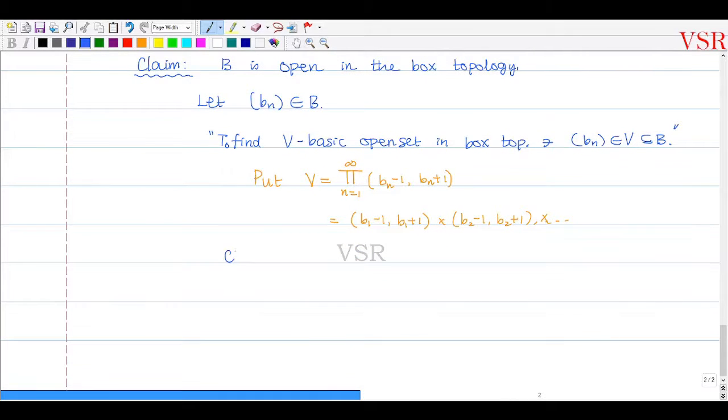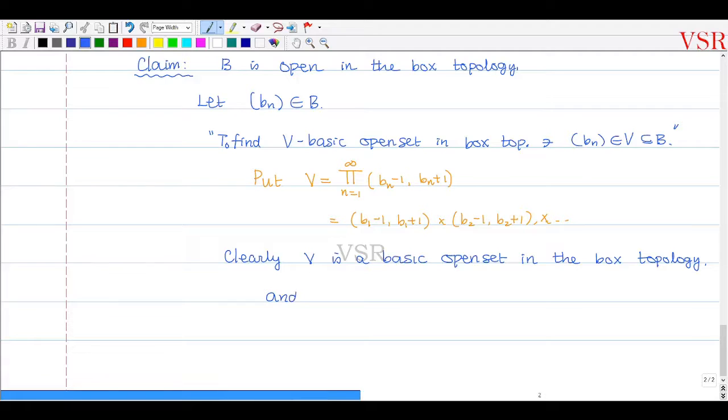Clearly capital V is a basic open set in the box topology. The box topology la idu open set.